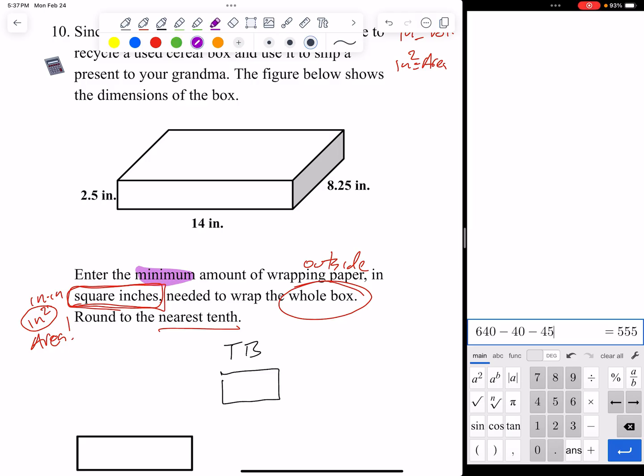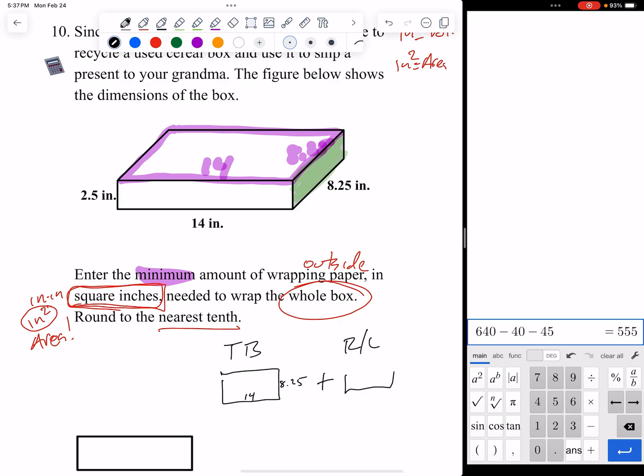So I am looking at this one right here. And the top and the bottom, it looks like I have a 14 and an 8.25. Okay, not a big deal. Then I have a right side and a left side. So the right side, can you tell it's this one right here? So it's another rectangle.